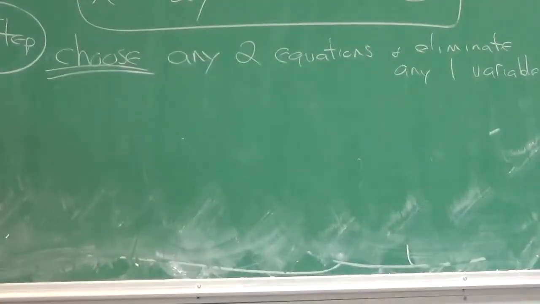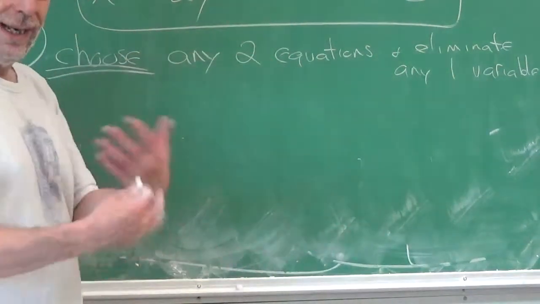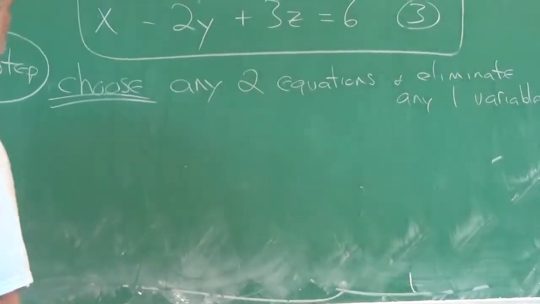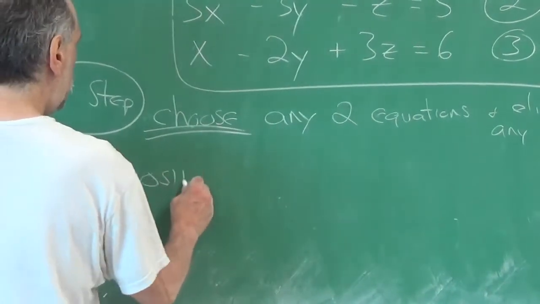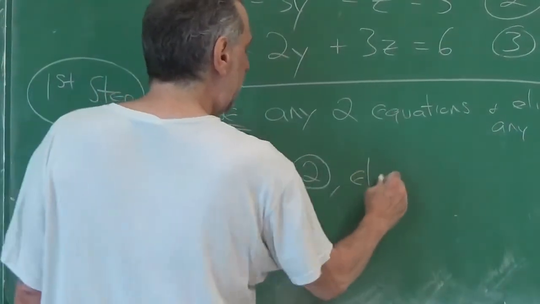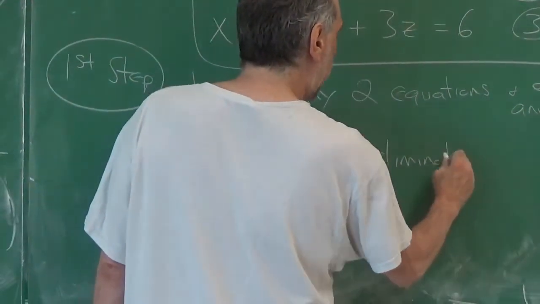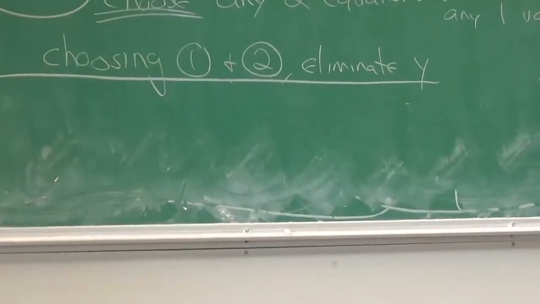So one person's work may not look exactly like another person's work, but in the end, if you do it right, you'll get the same x, y, z variables. So I'm going to choose 1 and 2 and eliminate the y's.